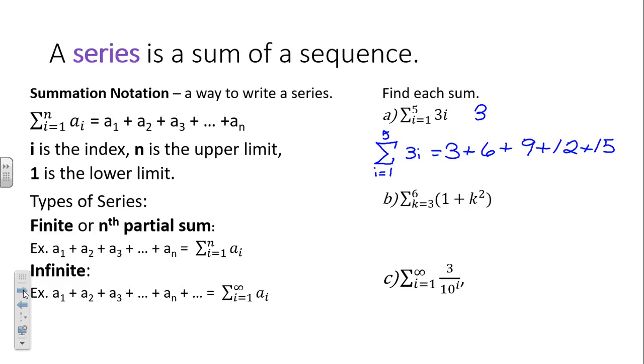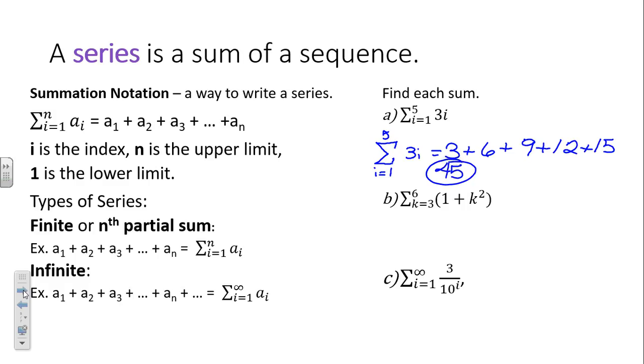When we add those numbers up, what do we get? 45. 3 and 6 is 9. 9 and 9 is 18. 18 and 12 is 30, and 30 and 15 is 45.